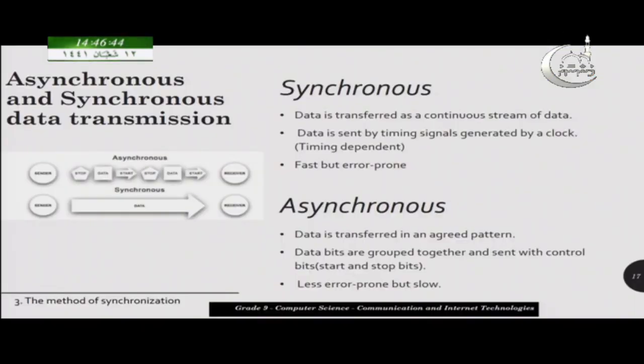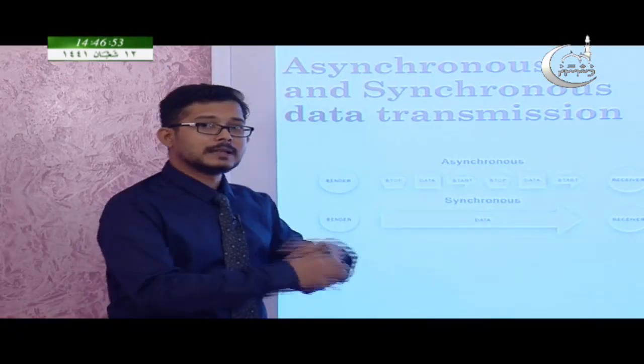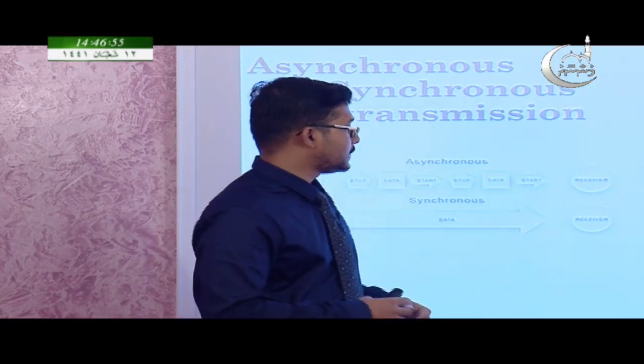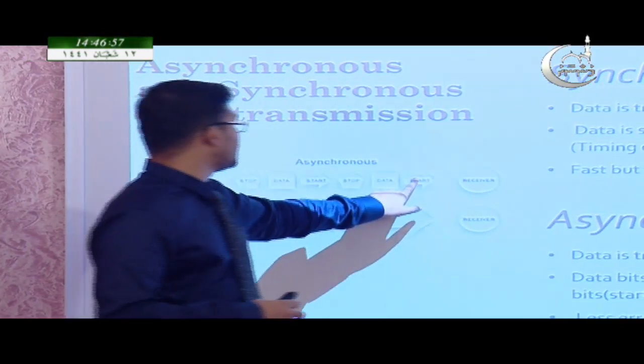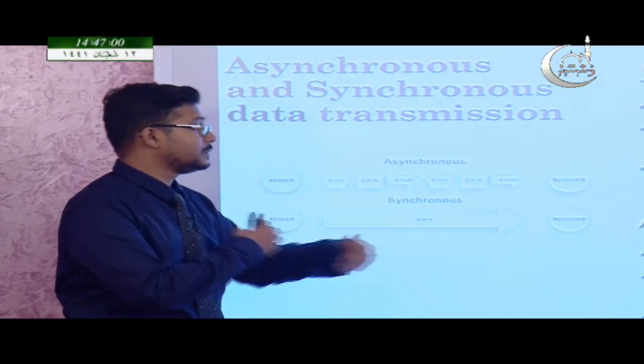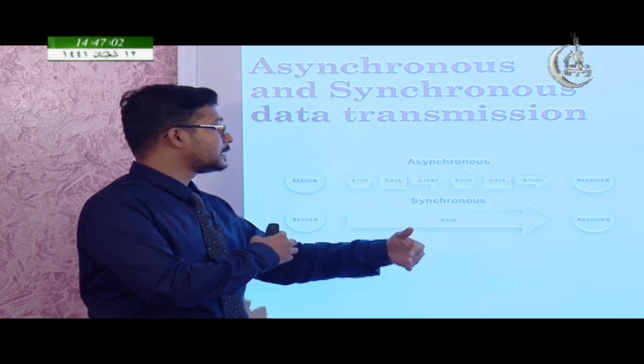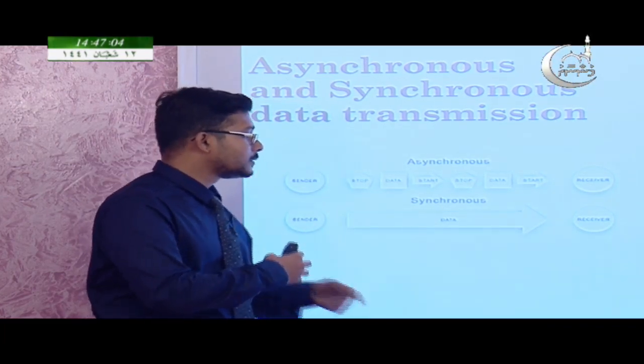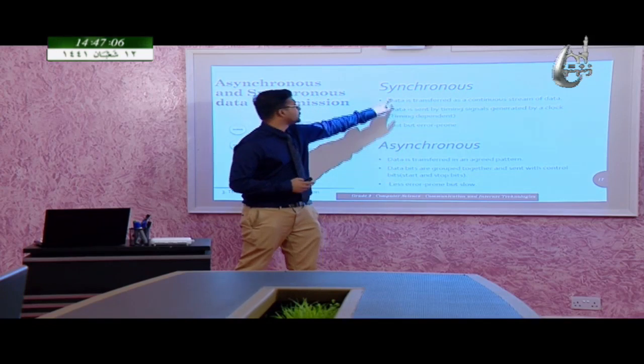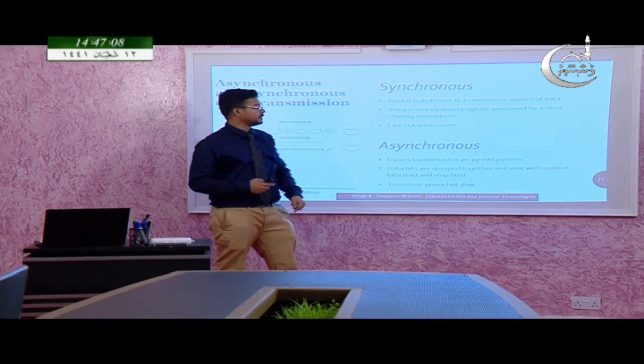While I send the data, I'll be informing that I'm going to send the data, and I'll be sending the data, and I will say that I'm going to stop sending the data. So like that, it will be having an asynchronous pattern. As we have told the two devices that I'm going to send or I'm going to stop, it will be less error prone as compared to synchronous data transmission.